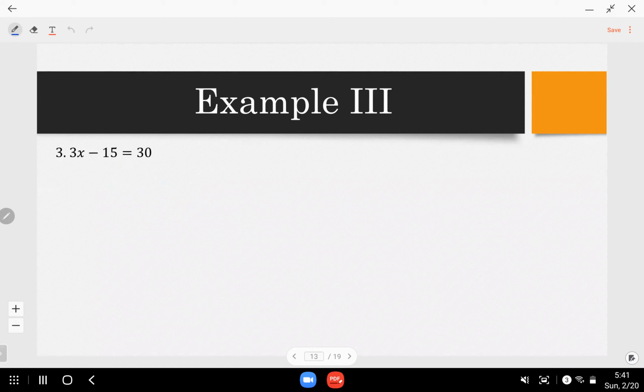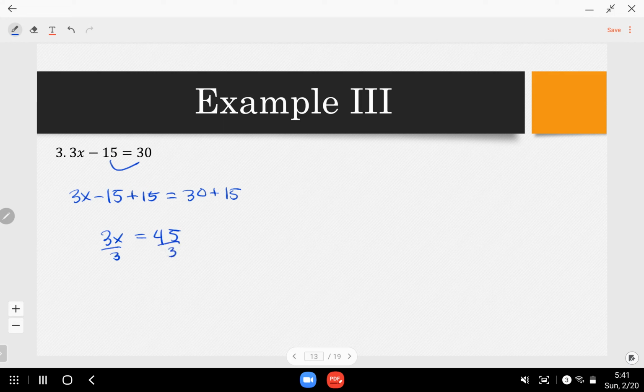So then let's combine it in this third example. What we need to do is get the 15 to the other side by adding 15 to both sides. So 3x is equal to 45. Then to get rid of this multiplication, you need to divide.